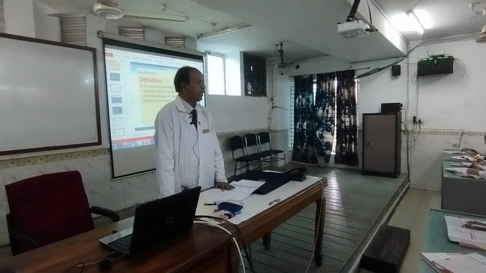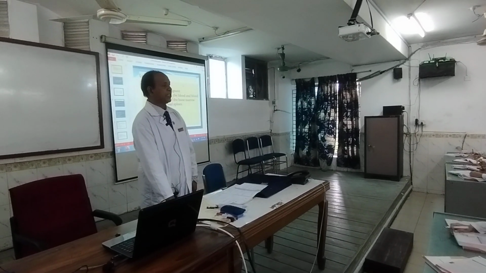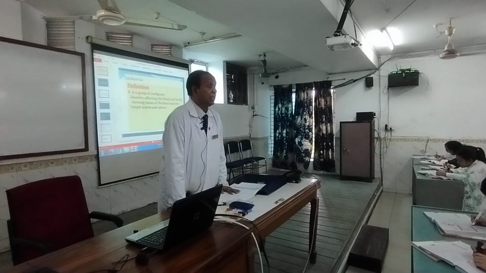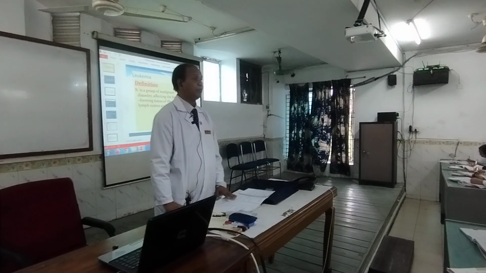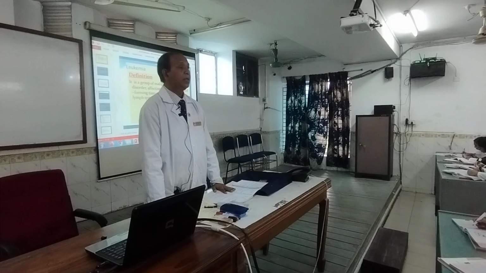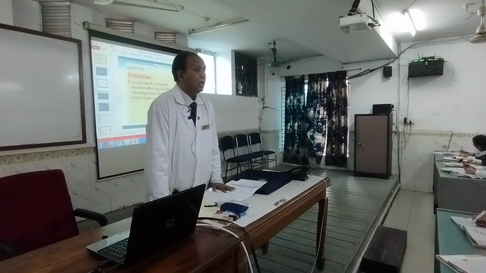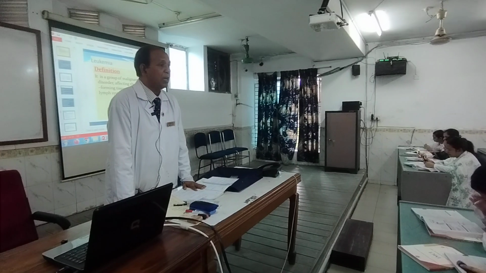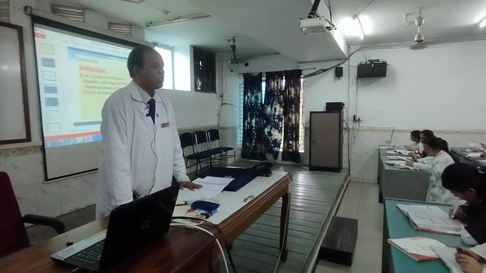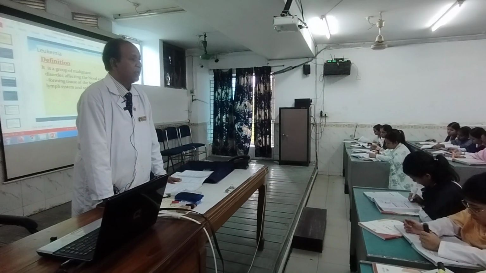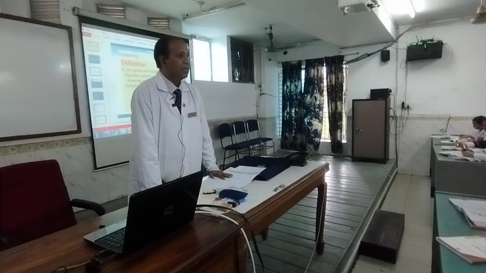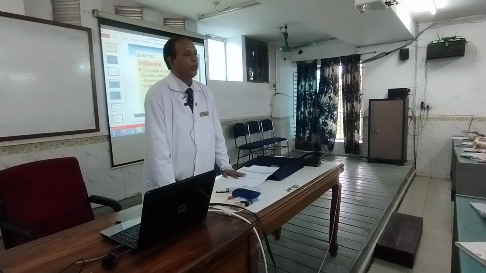Now, what are the investigations? First of all, you do baseline investigations: CBC with peripheral blood film. Next you go for the bone marrow study. After that, cytogenetics, cytochemistry, and then immunophenotyping.